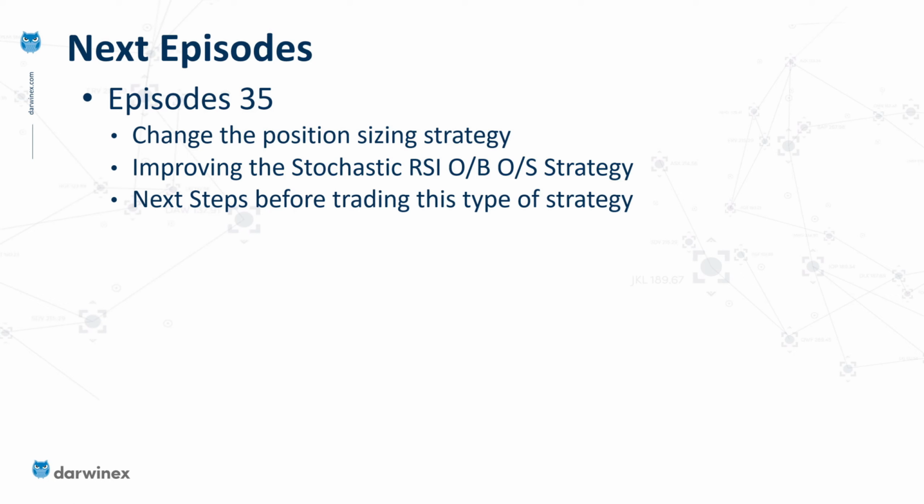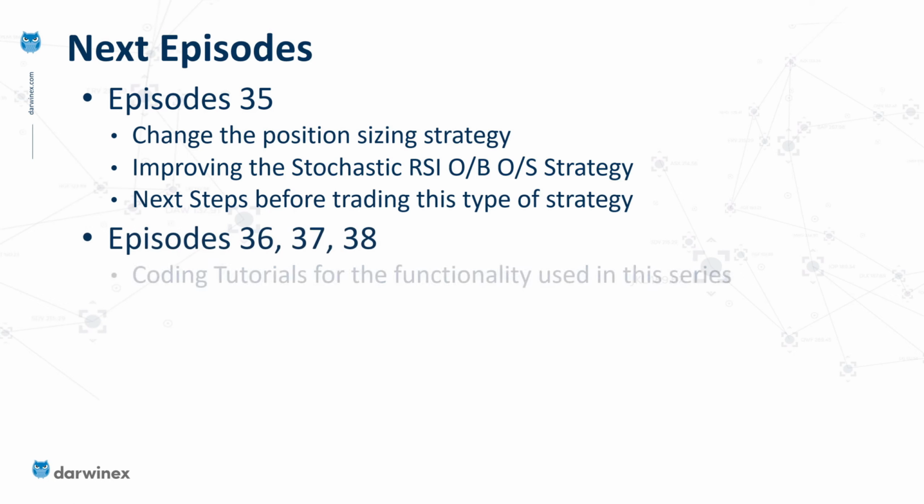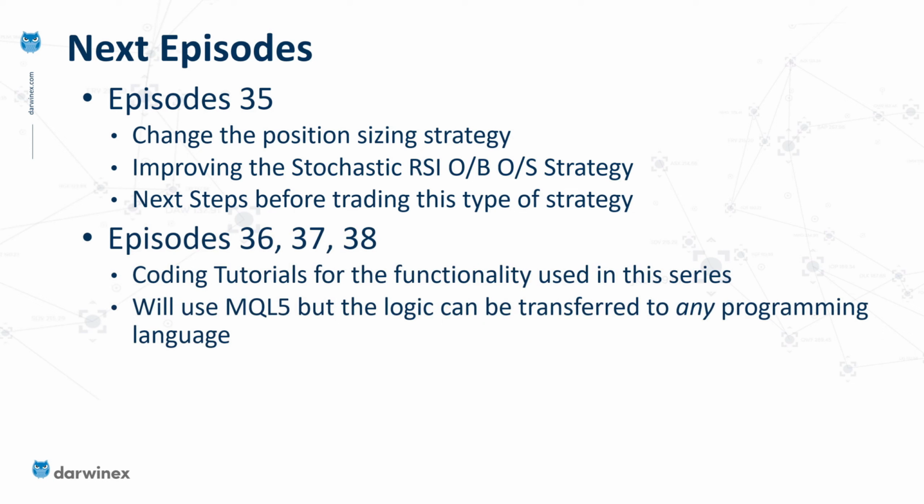I'm then going to cover a number of coding tutorials for functionality that I've used in this series, and there'll either be 2 or 3 episodes here. And although I'll be using MQL5, the logic that I explained is something that can be transferred to any programming language you wish to use.